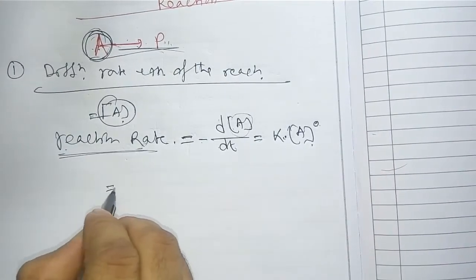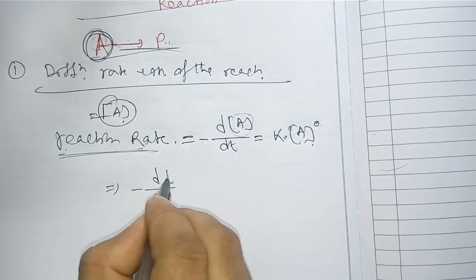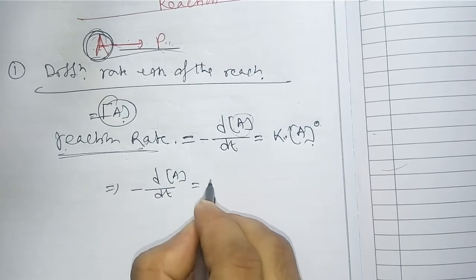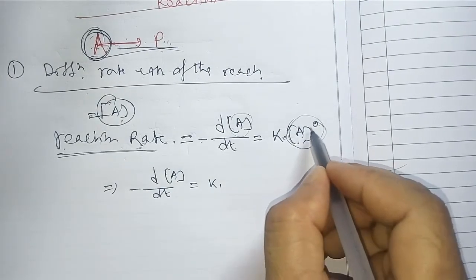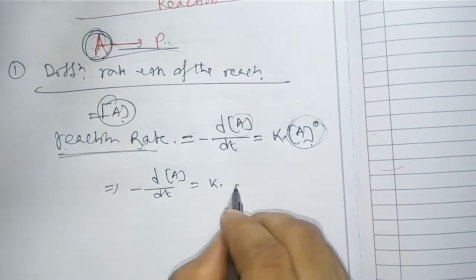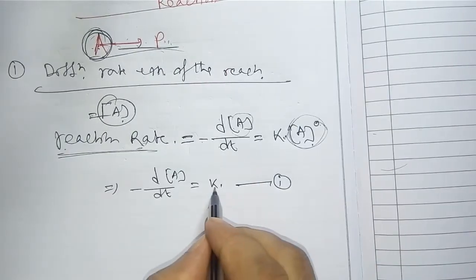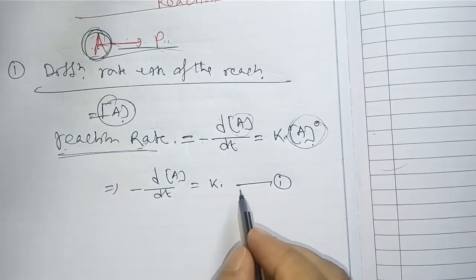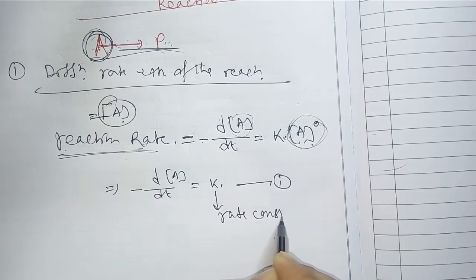Then minus d/dt of concentration of A equals K, because if the power is 0, then the value is 1. So this is equation number 1. This K is called the rate constant.